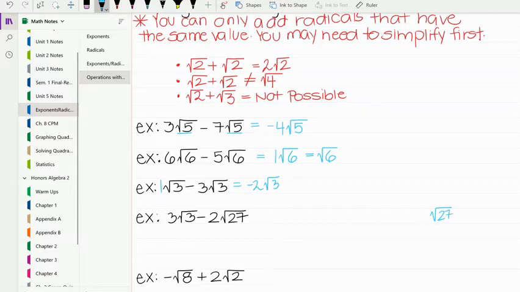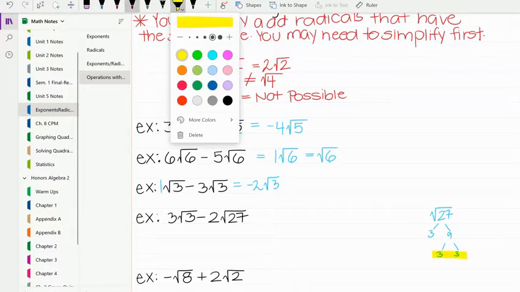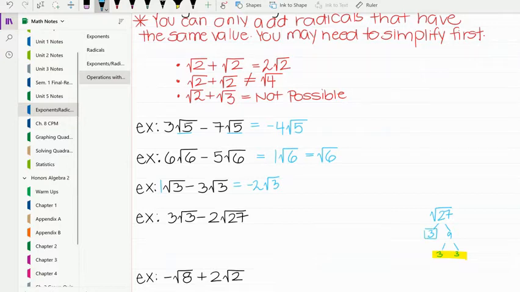So 27 is 3 times 9, which is 3 times 3. So we have that pair of 3's, and then we have a lonely 3. So technically, root 27 simplifies to 3 root 3. So on this side, I have 3 root 3.